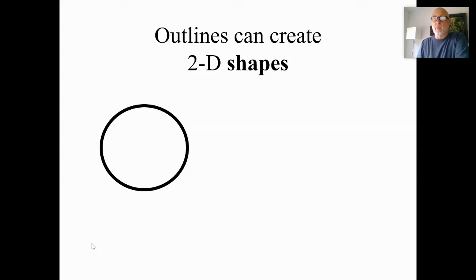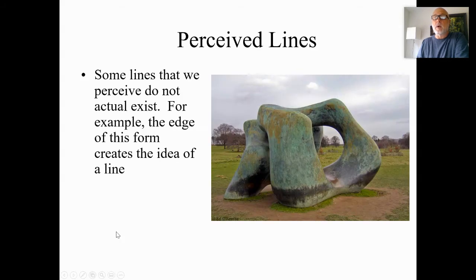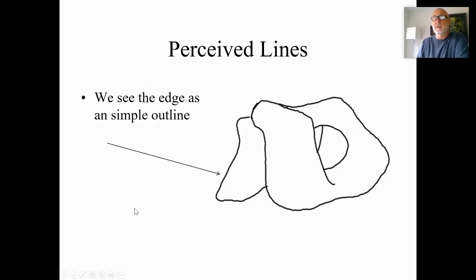Now, some lines that we perceive don't actually exist. When we look at a three-dimensional object, we would call that not a shape, but a form. And when we look at forms and we look at those outside edges, we perceive those to be lines. These lines don't actually exist on the object, but that's the way our brain interprets the outside edge, as a simple outline.